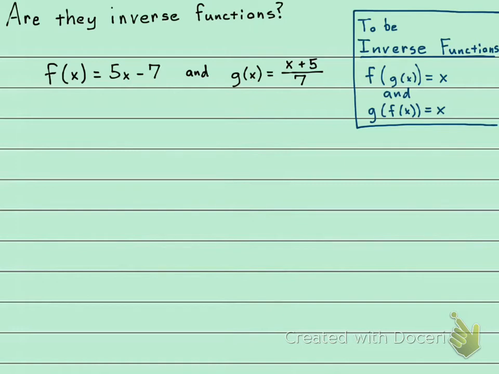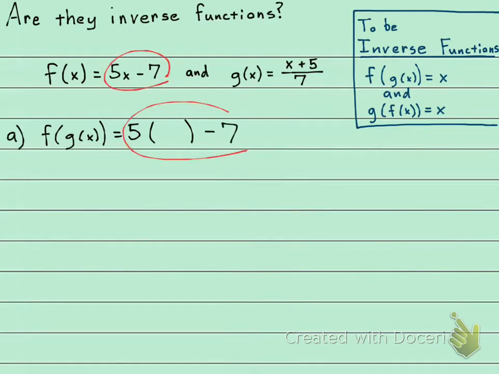So the first part of this problem is going to ask me to find the f of g of x. All right, and that means we're taking the g function and plugging it into the f function. So this is based on the f function, so the f of x is 5x minus 7.